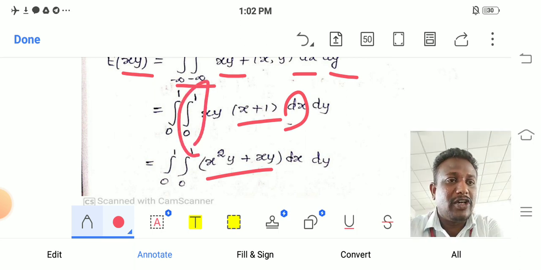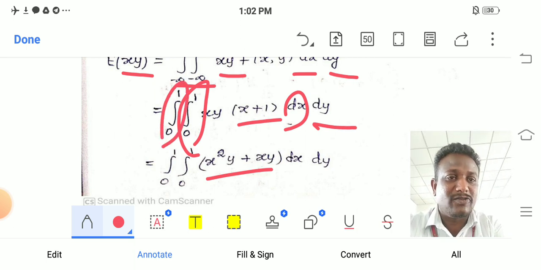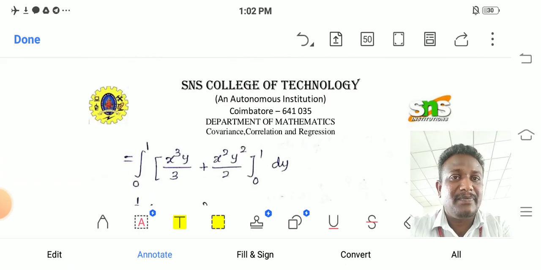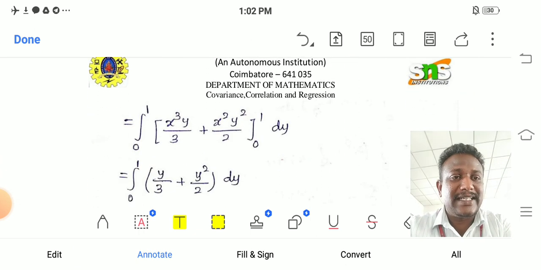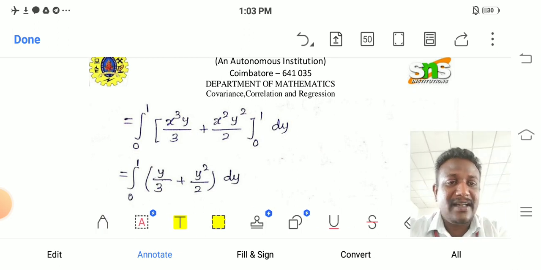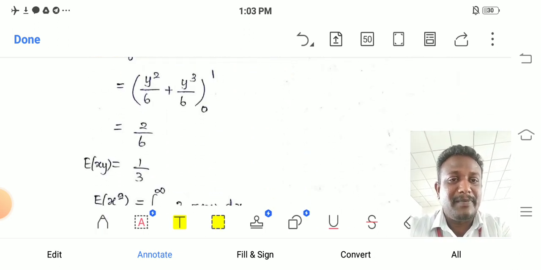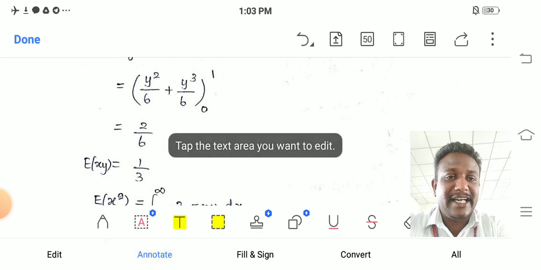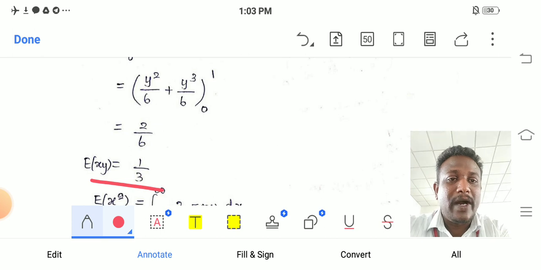Then dy is your outer integration. Then write the outer integration limit, it is 0 to 1. After writing both limits, start simplifying. After simplifying, you will get E of xy is going to be 1 by 3.